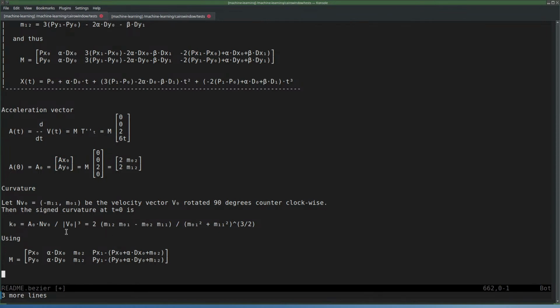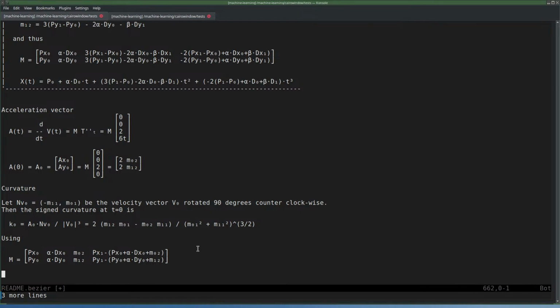The point is that I want this matrix to have the same sine curvature at t is 0 as the previous matrix has at p is 1. I know everything about the previous curve, right?